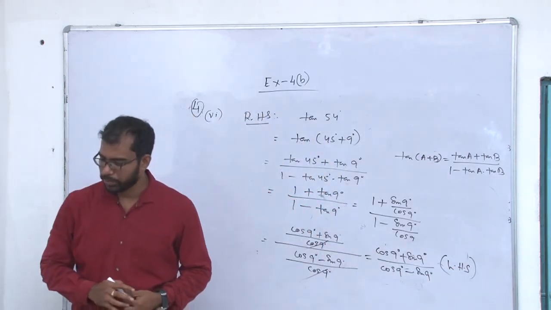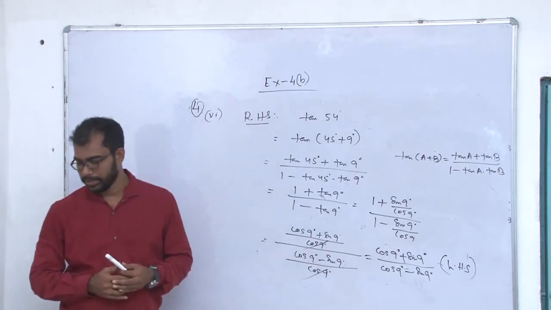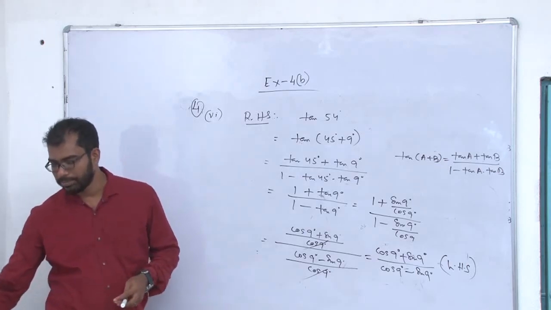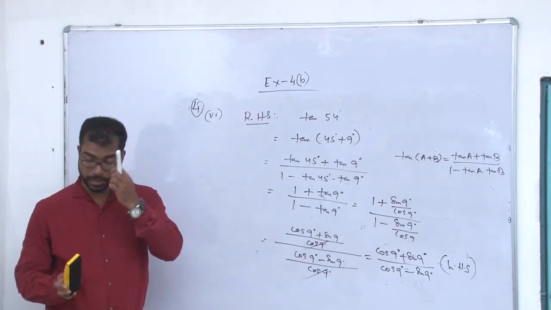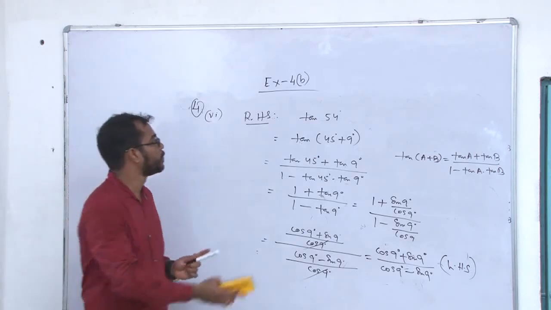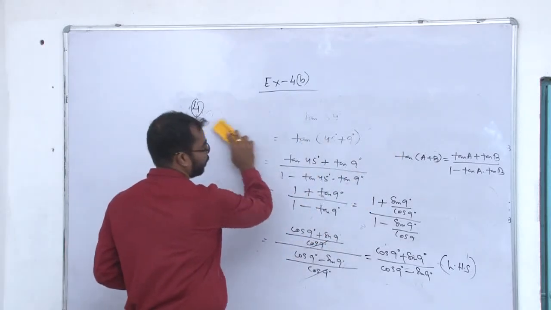Similarly, you can prove part 7, that is tan 10 degrees plus tan 35 degrees plus tan 10 degrees into tan 35 degrees is equal to 1. This is the last question of question number 4.